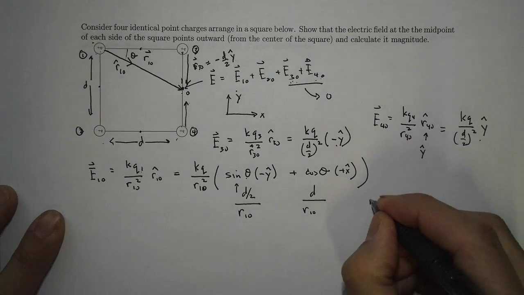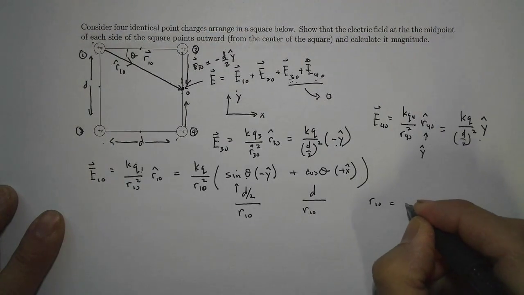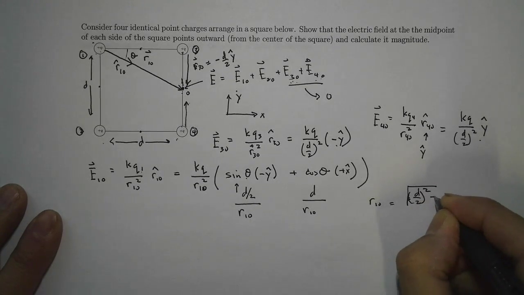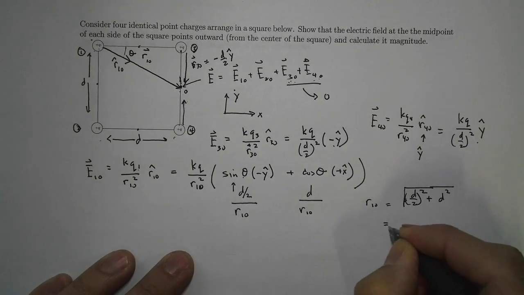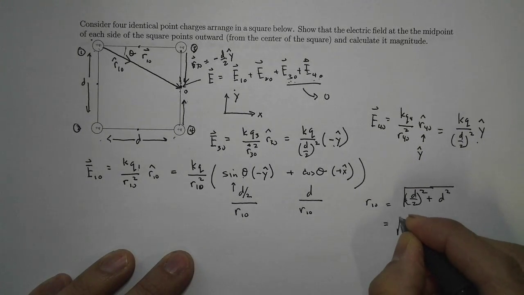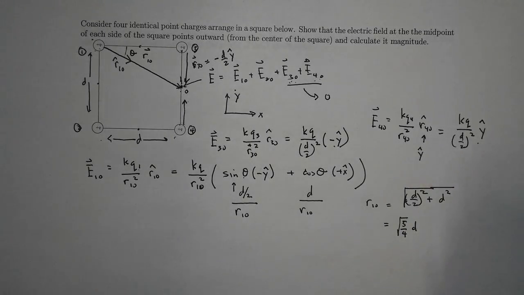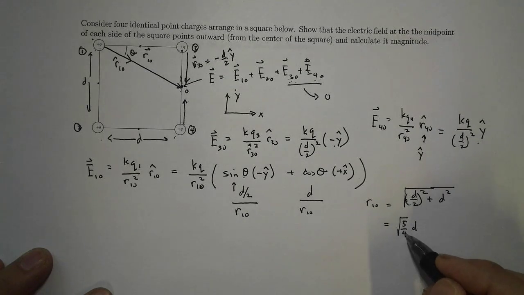And what's R10? R10 is just this side plus this side. That's going to be equal to the square root of (d over 2) squared, by Pythagoras' theorem, plus d squared. So this is going to be the square root of 5/4 times d, because the 1/4 here, 1 plus 1/4, is 5/4.